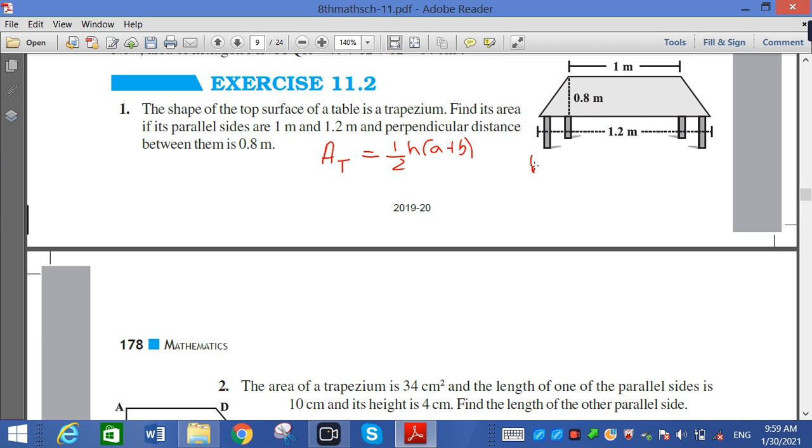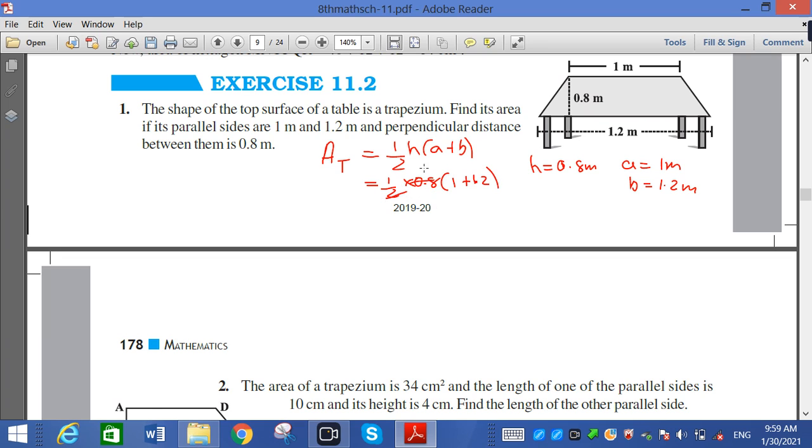What is h? That is 0.8 meter, given. What is a? That is 1 meter, given. What is b? That is 1.2 meter, given. Now 1 by 2 into h, that is 0.8, into a plus b, so 1 plus 1.2.